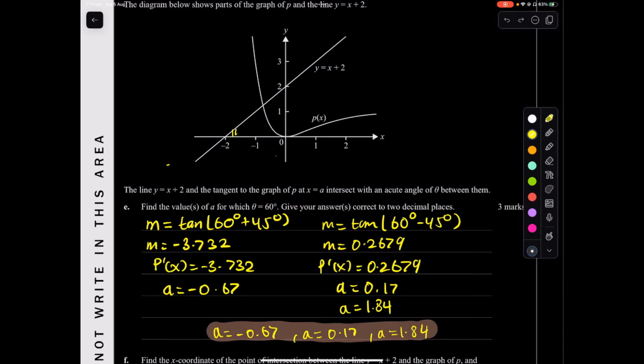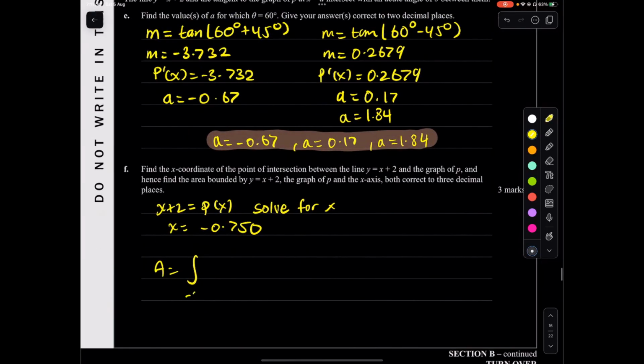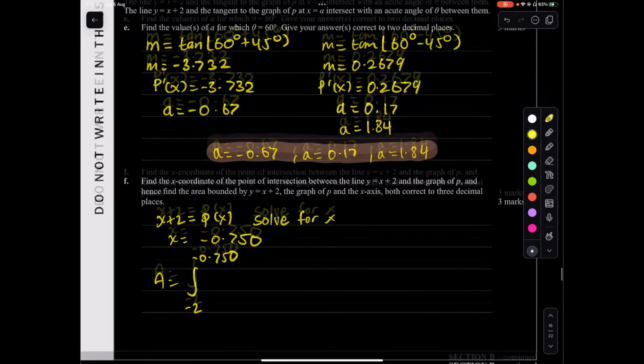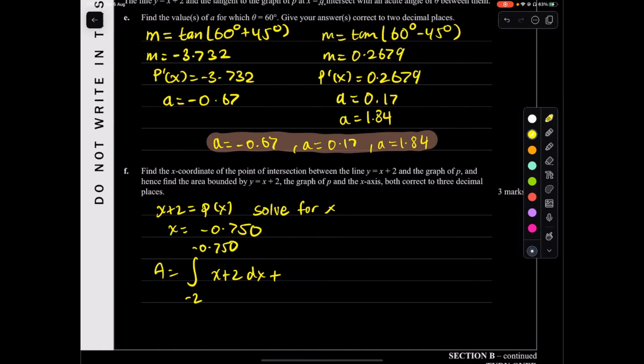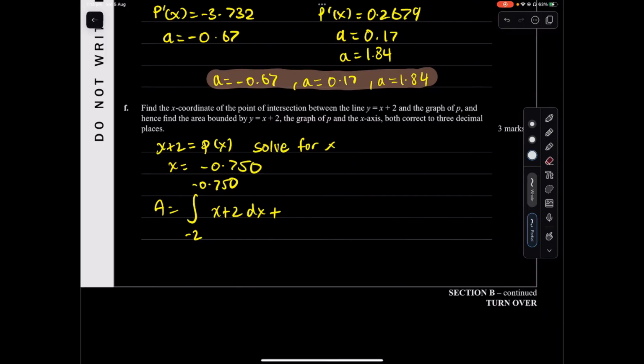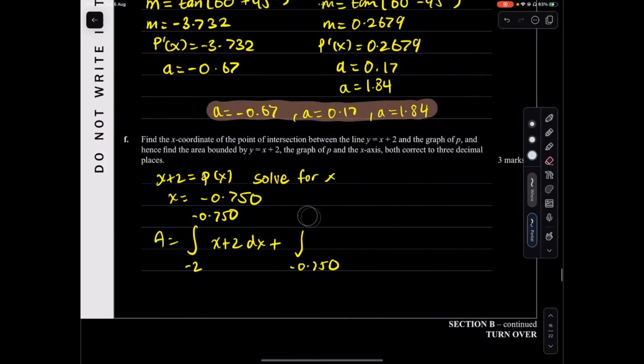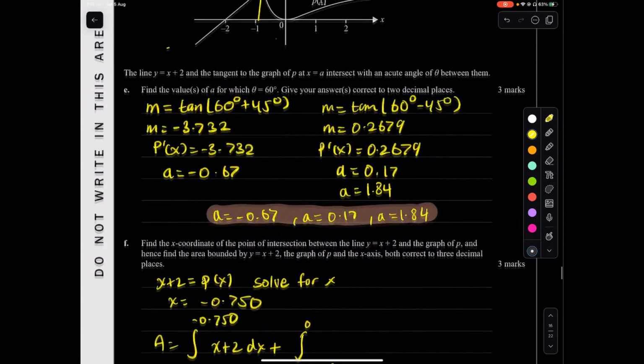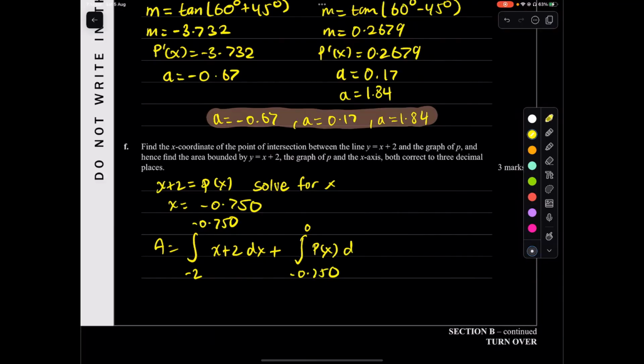Because we have the point of intersection, which is some value over here, we can say the area is from negative 2 to this value of x plus 2 dx, plus from negative 0.750 to 0 of p of x dx.